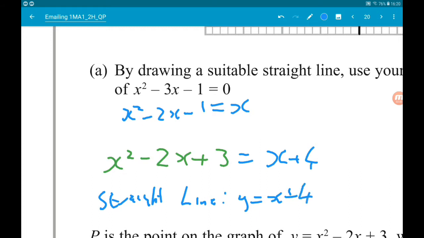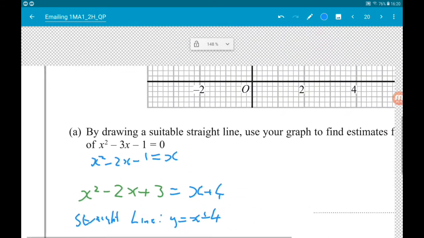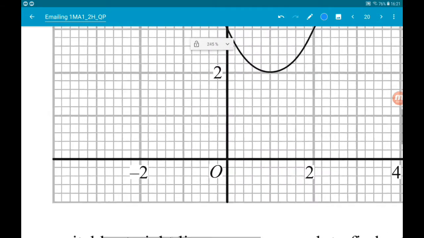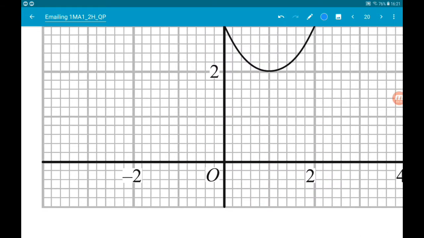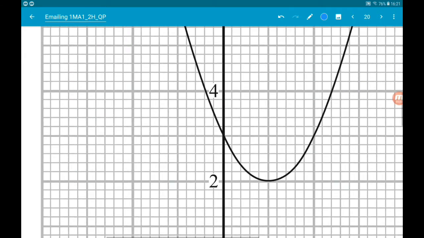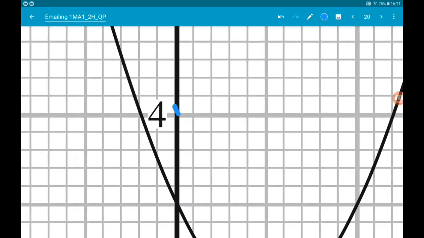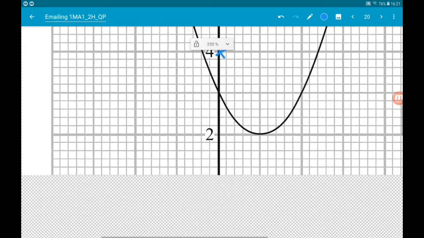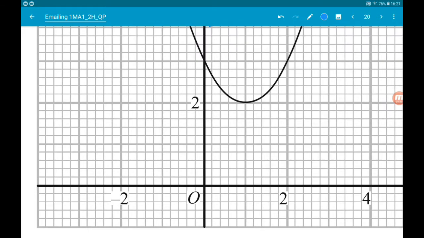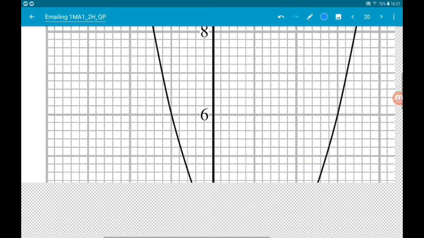So this is kind of simultaneous equations. Where curves and lines meet are the solutions to simultaneous equations. So y equals x add 4, well, let's plot a few points. So when x is 0, y would be 4, so there. We could say when x is, how high does our scale go? Quite high.